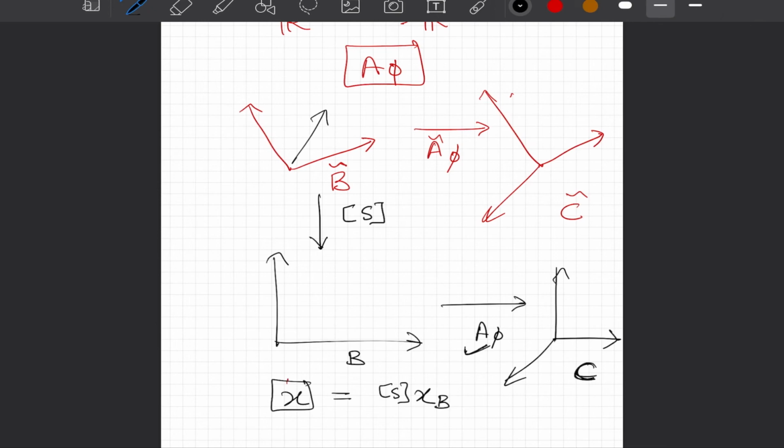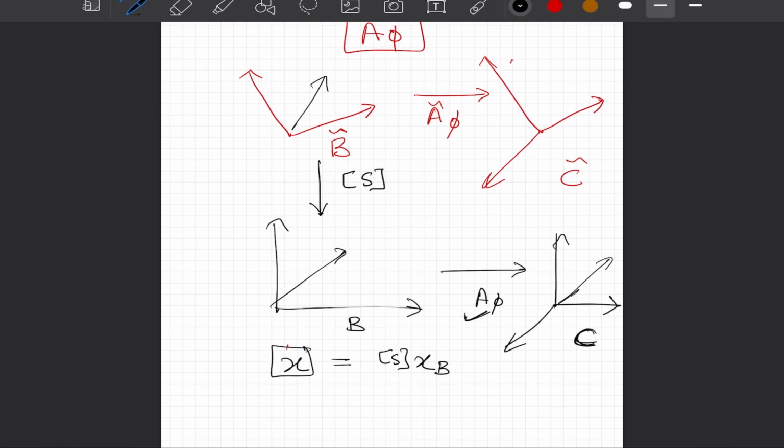Now we know how this transformation is going to shape up. When we multiply this vector by A phi, we are changing its dimensions, and now we go to, let us say, a higher-dimension vector space. Once we are in the higher-dimension vector space with respect to the standard basis, we are not satisfied because we want our results to be in the same non-standard coordinate system from where we started.